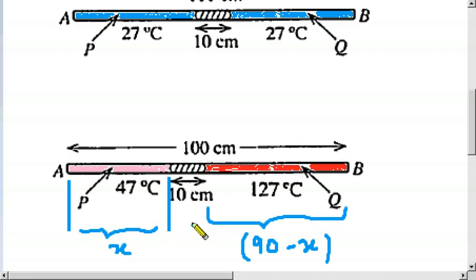So left side is x, so the right side must be 90 minus x.